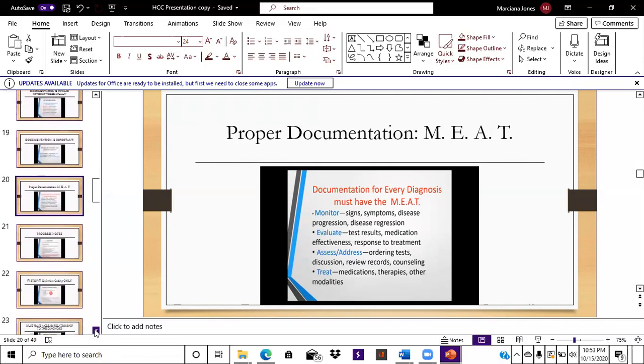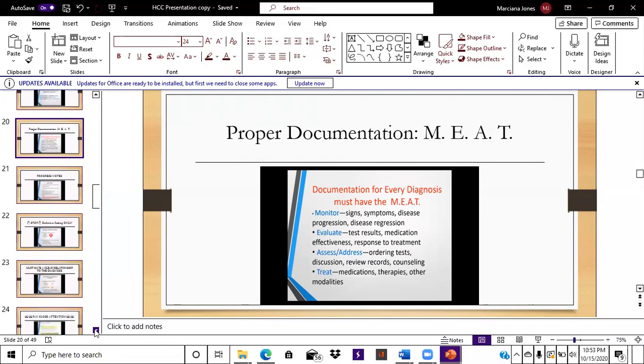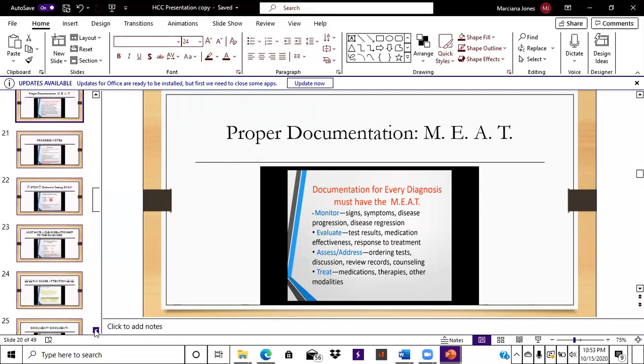So documentation and the MEAT. MEAT, M-E-A-T: monitor, evaluate, assess, address, or treat. With monitor, you're going to monitor the signs and symptoms, the disease progression, is it getting worse, or the disease regression, if the condition is getting better.